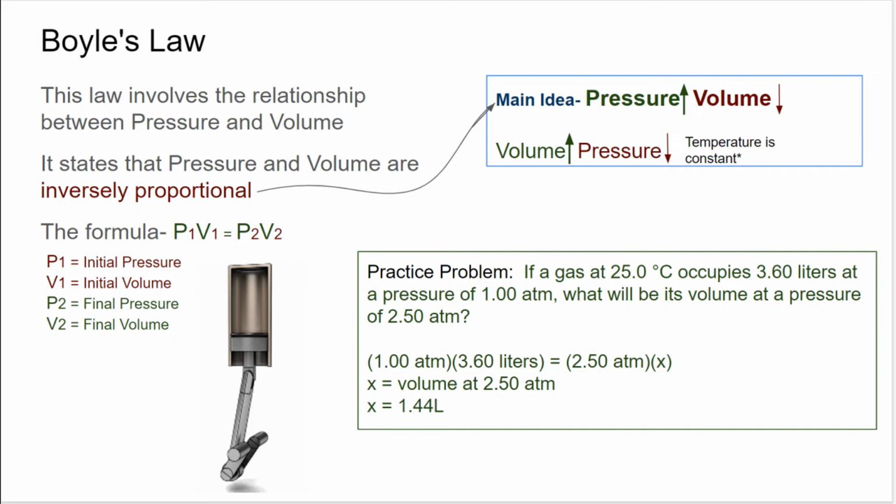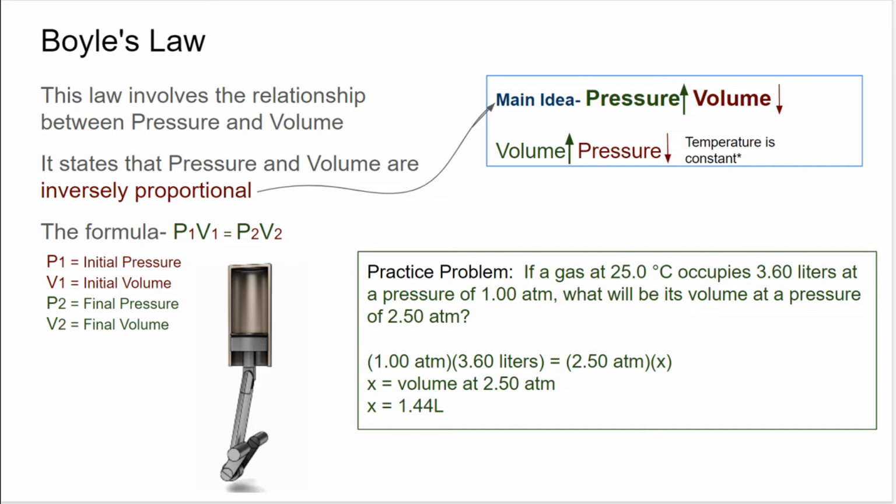And we have a simple practice problem. It says that if there's gas at 25 degrees Celsius, it occupies 3.6 liters at a given pressure of 1 atm. What will be the volume if the pressure is increased to 2.5 atmospheres?